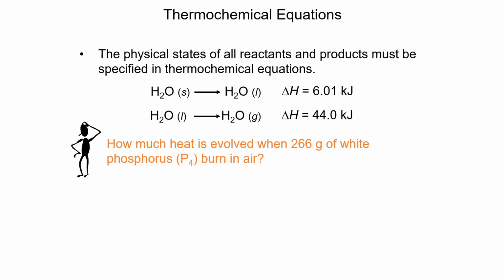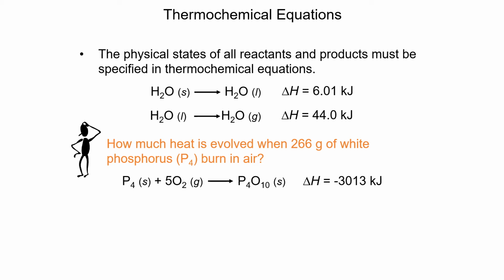So here's basically a dimensional analysis problem based on the stoichiometry of a thermochemical equation, using delta H as a conversion factor. White phosphorus combusts in the presence of oxygen to form P4O10.